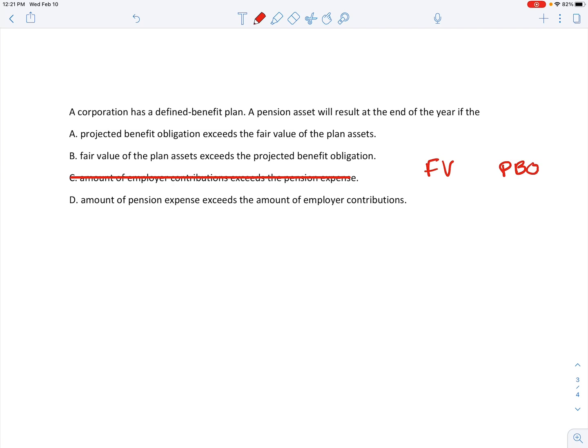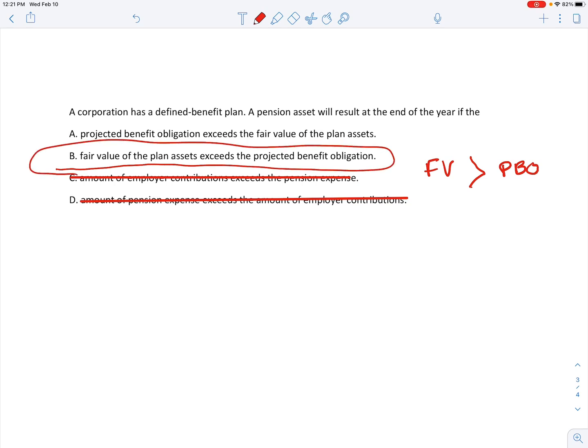So immediately I can cross out these two that relate to contributions and expenses. I know it's either A or B. If I have a plan asset, that means the fair value is going to be greater than my projected benefit obligation. Therefore, that answer is B.